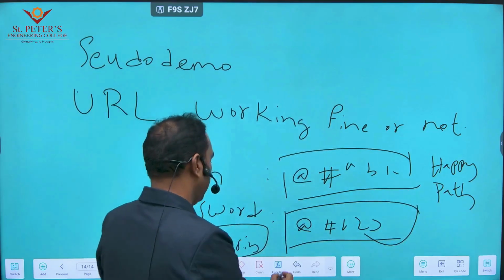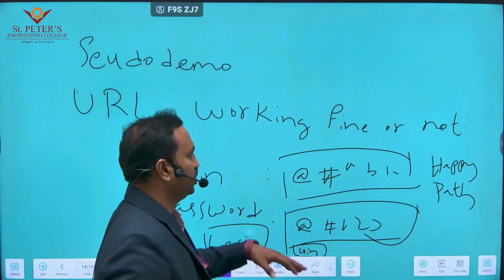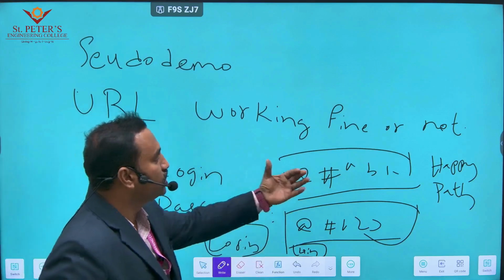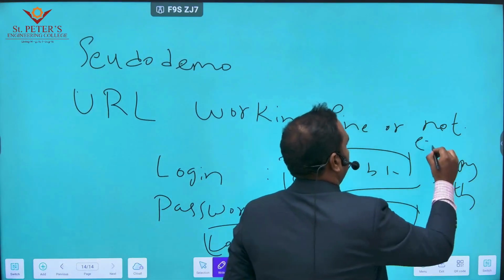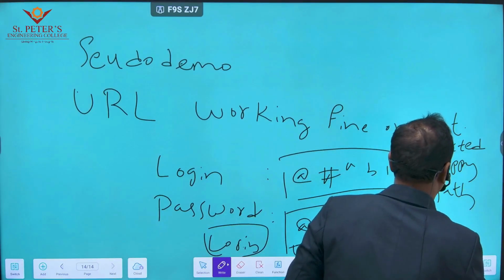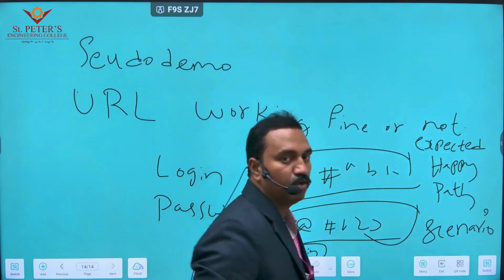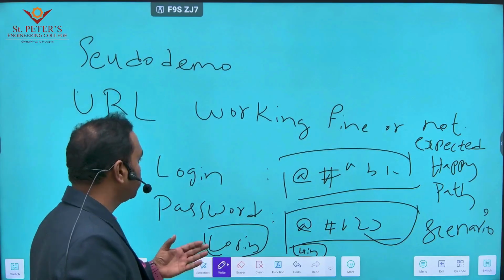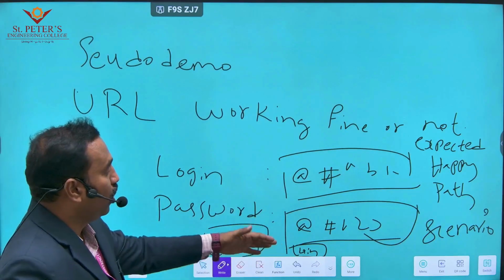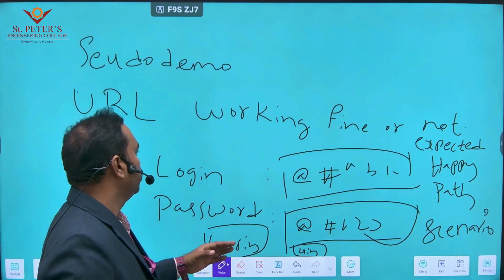After that you click on the next button. Is it working, or what is the expected behavior you are getting? It should either work, or you should get a negative error.